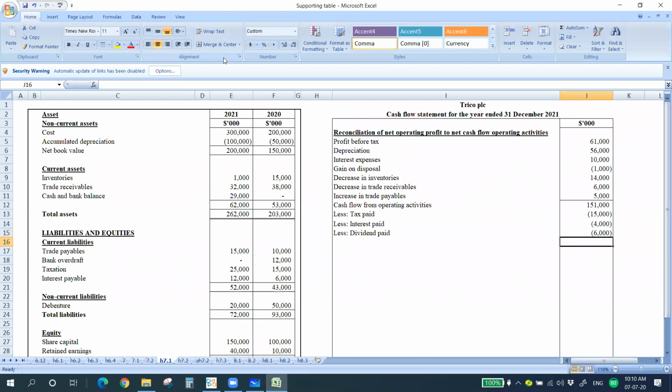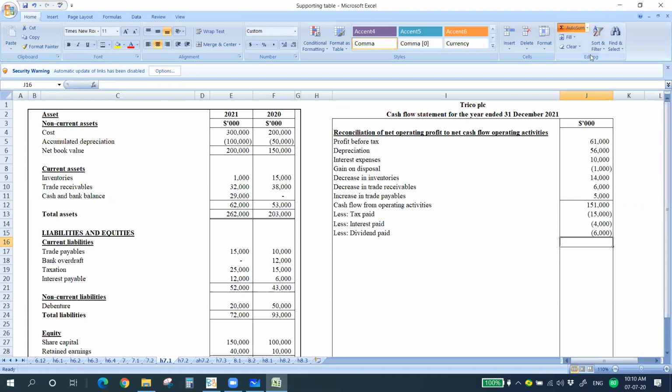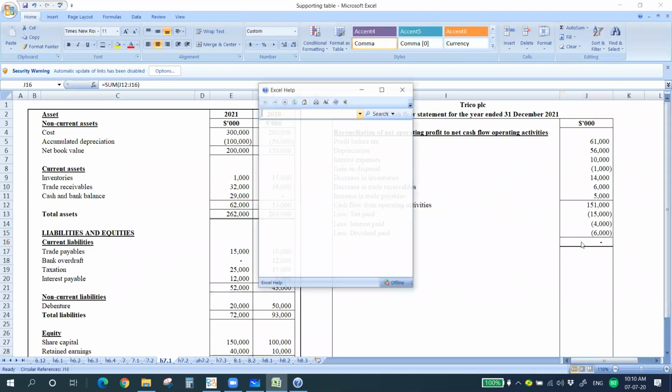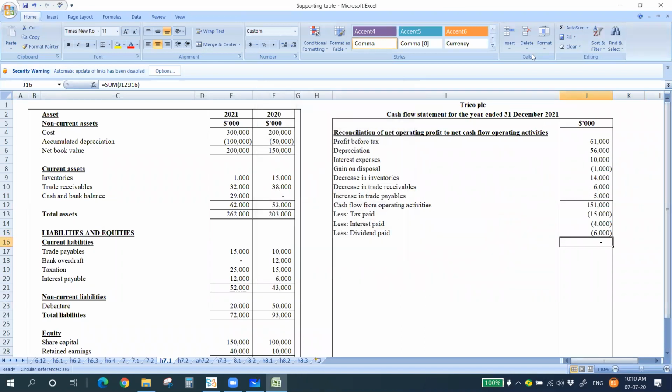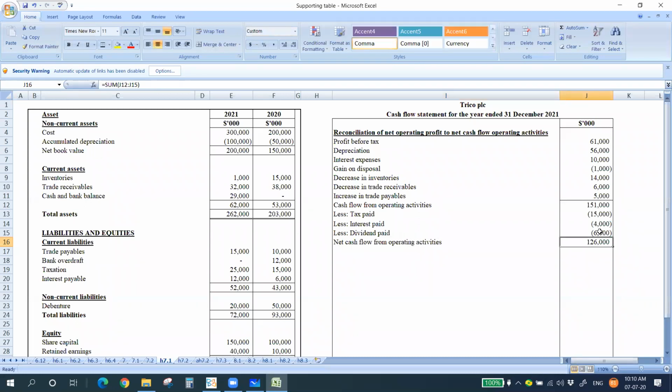So we can get the amount. 126,000. This is net cash flow from operating activities. Right? 126,000.